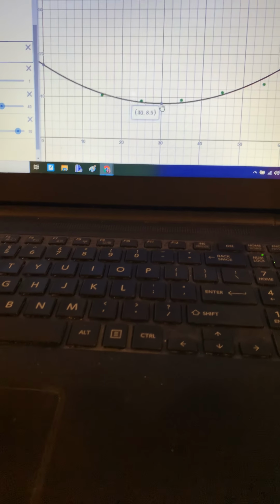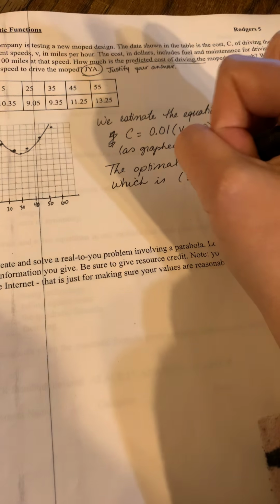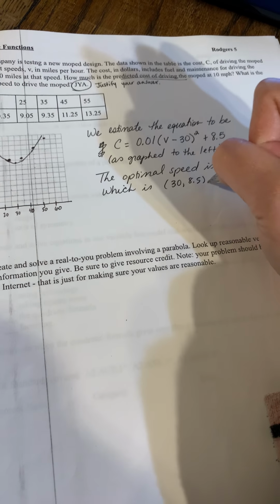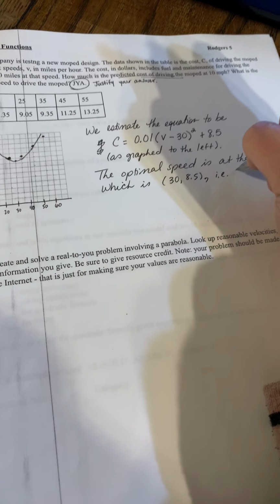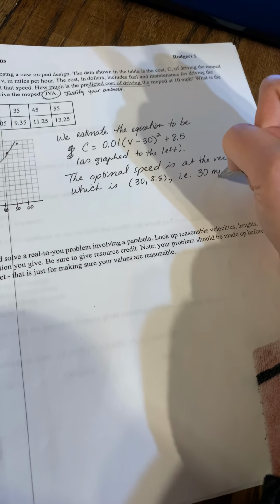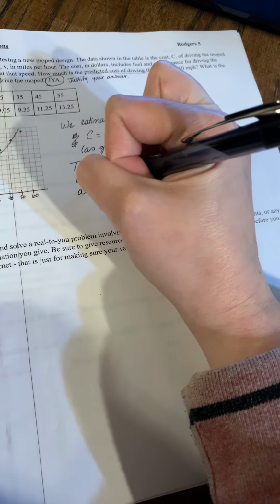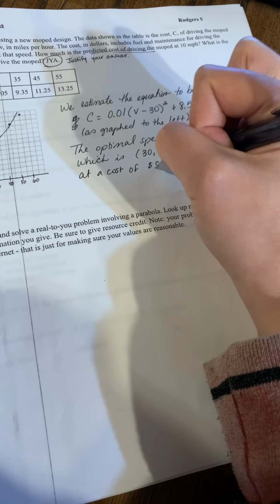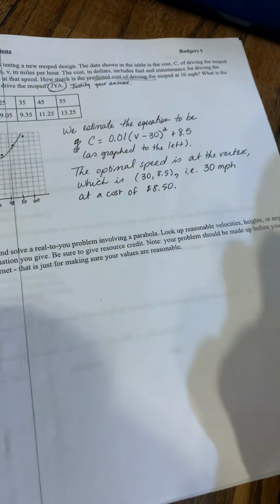There we go, 30, 8.5. Okay. i.e. 30 miles per hour at a cost of $8.50. And there we go, and that's a justification as well.